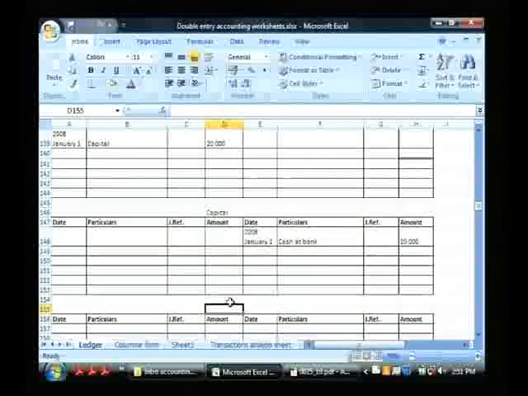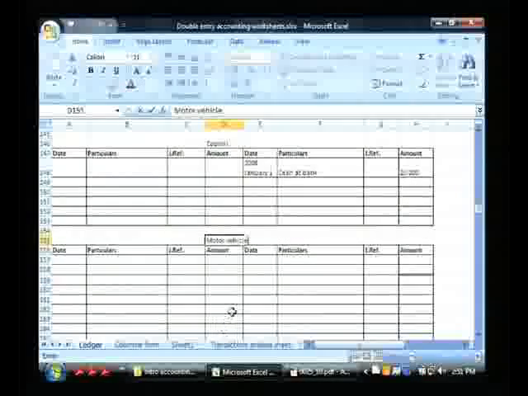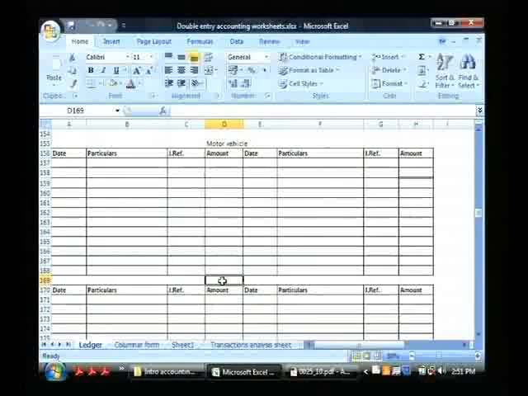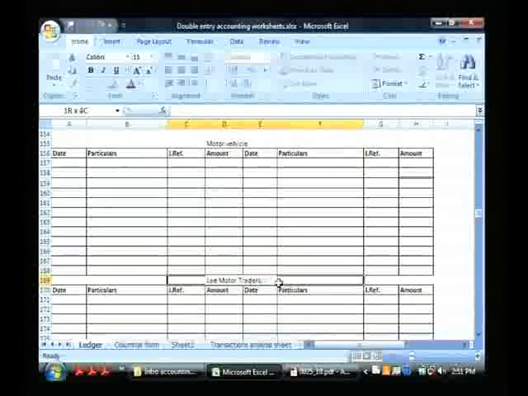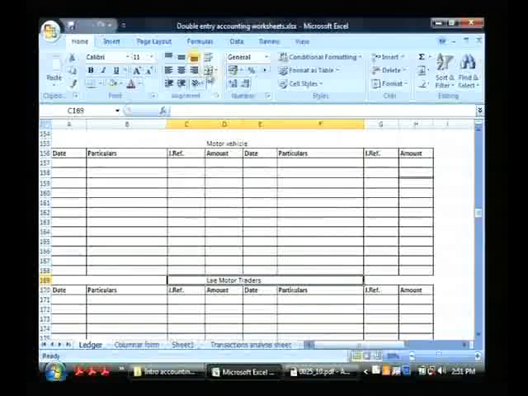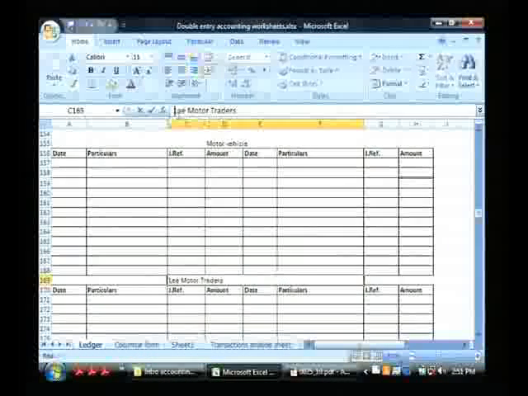Next, motor vehicle and Lay Motor Traders, so creditor.